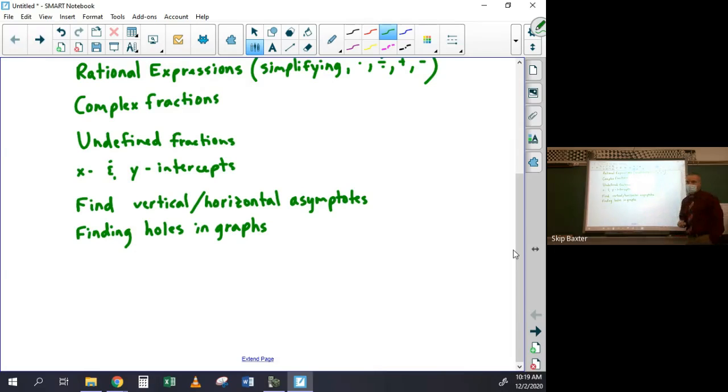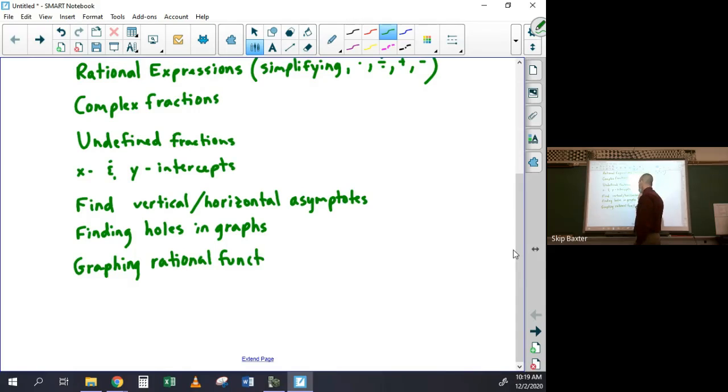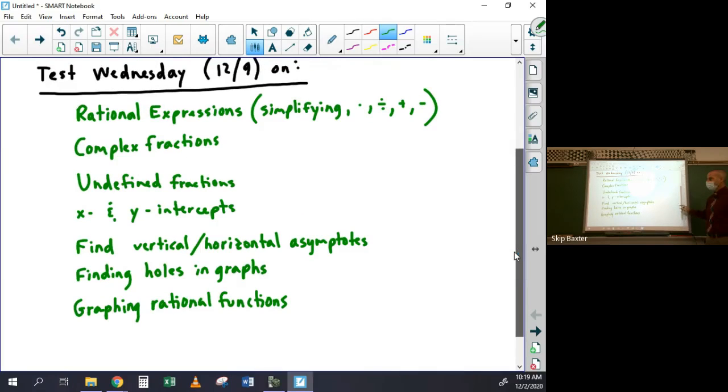Okay, that's what we're talking about today and tomorrow, is asymptotes and holes. And then just graphing rational functions, which is kind of putting all this stuff together. That's what we're doing Monday. And then Tuesday is just the test review, and Wednesday will be the test. Okay? Any questions on that stuff?